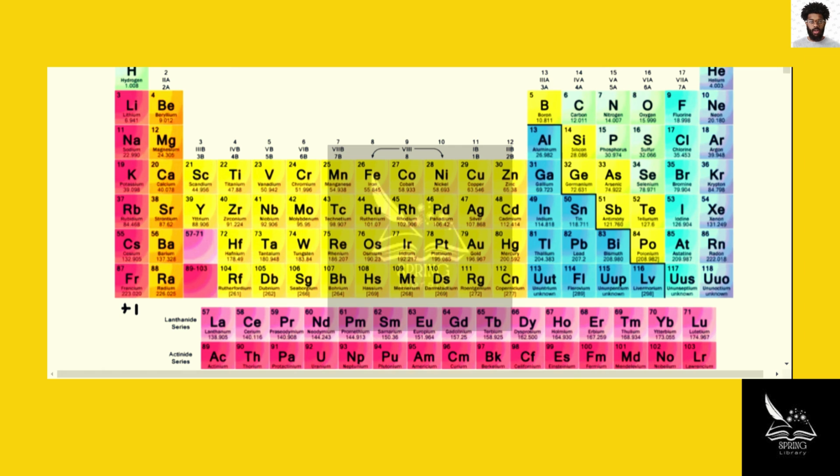So over here, because these are freely able to give away an electron, they are going to be the easiest to oxidize. And the same goes for your column 2 metals, your alkaline earth metals. Remember, they have a +2 oxidation state, which means they have 2 electrons that they're readily able to give away.